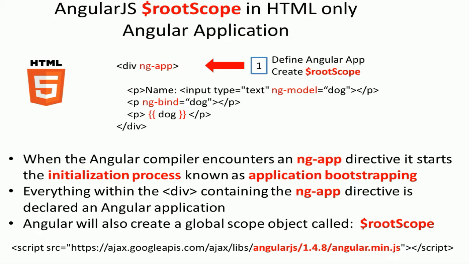When the Angular compiler encounters the ng-app directive, it starts the application initialization process known as application bootstrapping. Everything within the div containing the ng-app directive is declared an Angular application. Also, thanks to the ng-app directive, Angular will create a global scope object called rootScope.